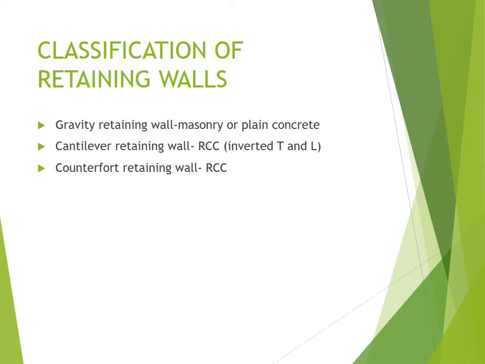Let us start by looking at the gravity retaining wall. The gravity retaining wall is mostly made of masonry or plain concrete. They are used for support of solids, e.g. soils and waste materials. They depend on their dead weight for strength and stability.